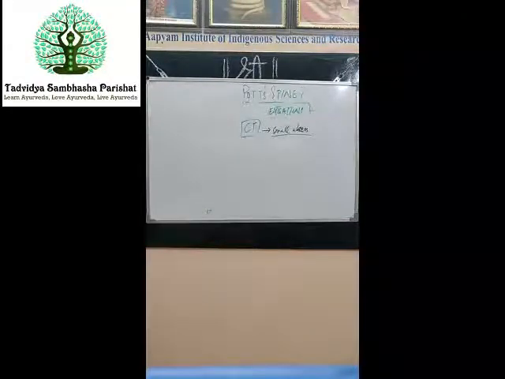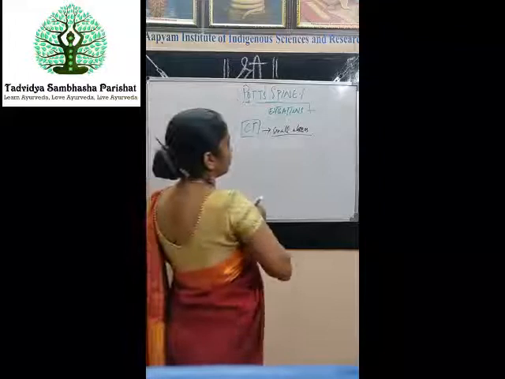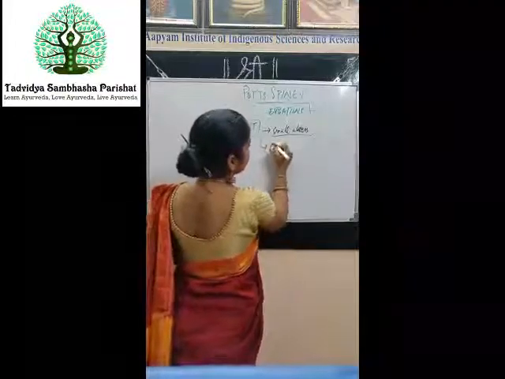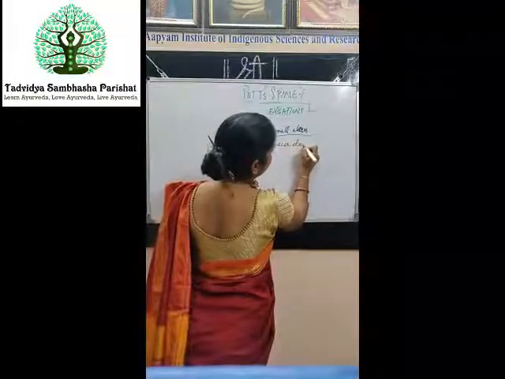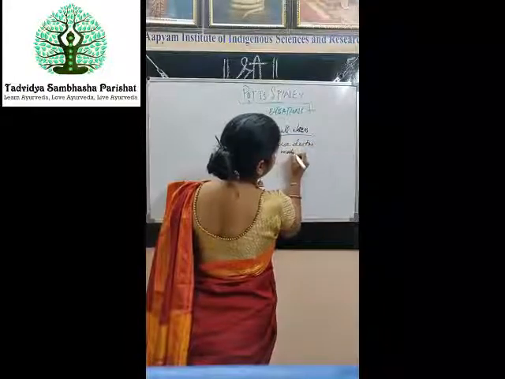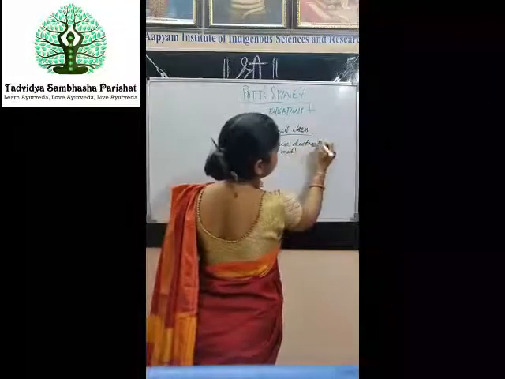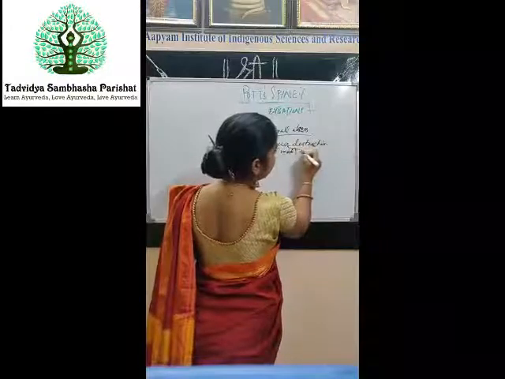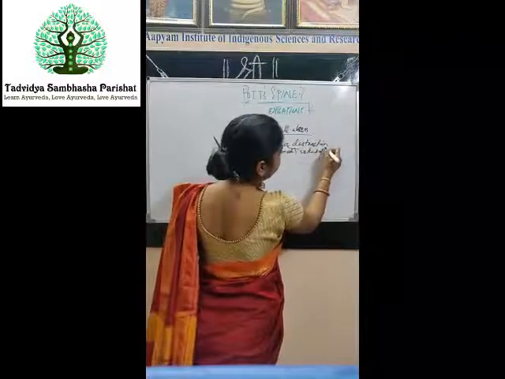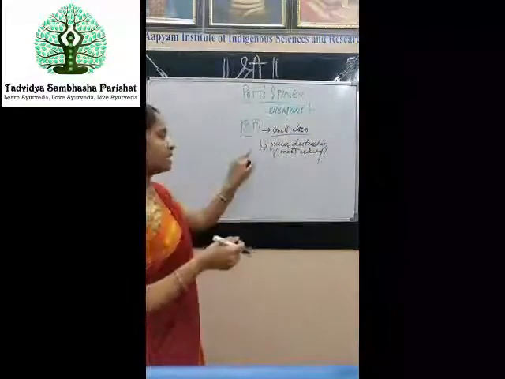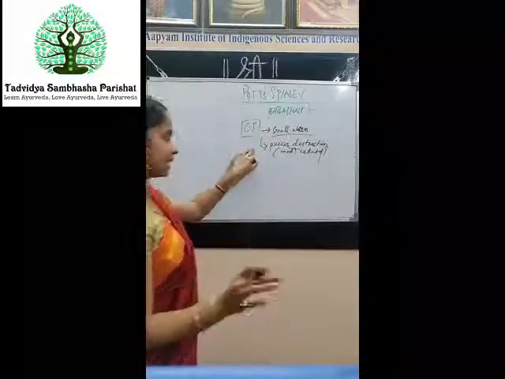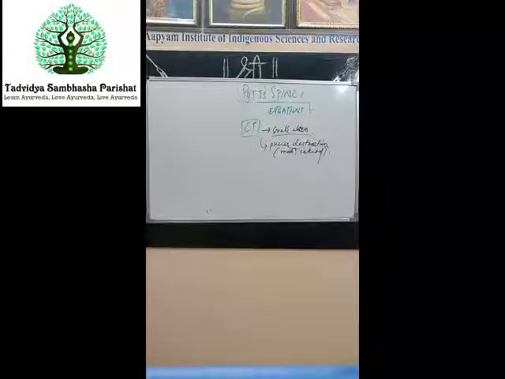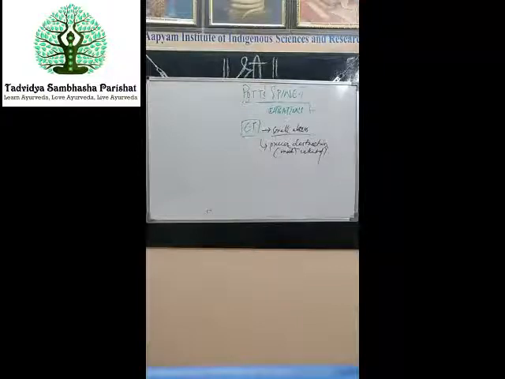Another important thing is that with CT you could mark the precise extent of destruction, which is better known by CT compared to X-ray. So this is where CT plays a role over the X-ray.